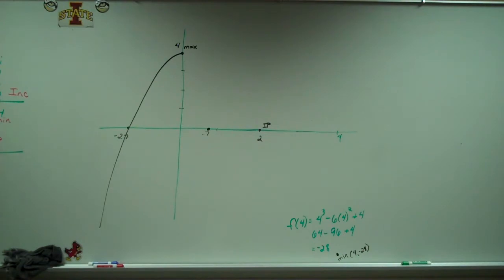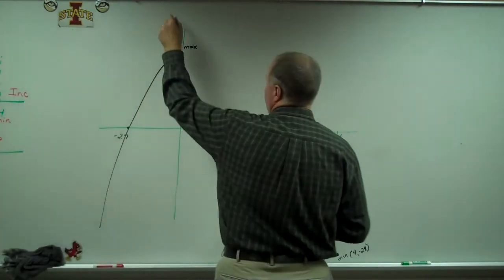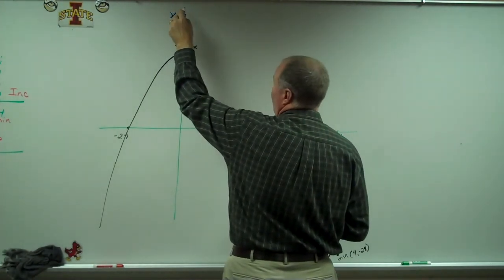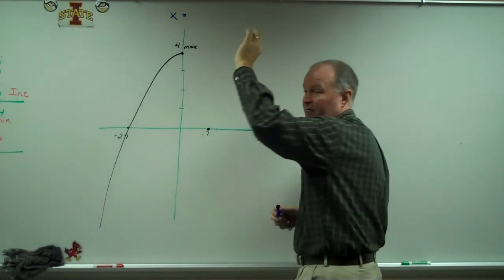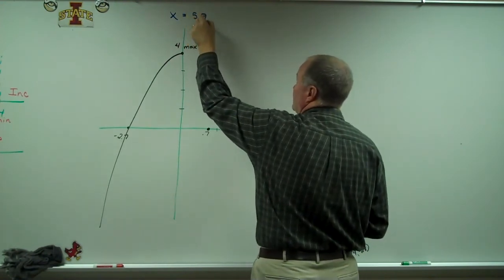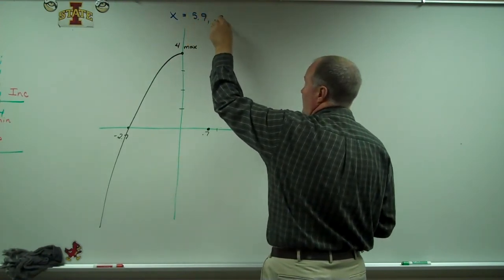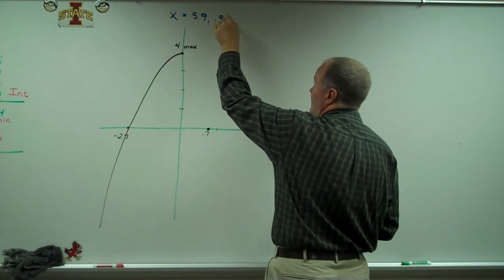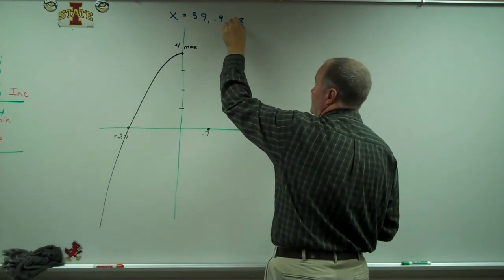So my x-intercepts are different. 5.9, 0.9, and negative 0.8.